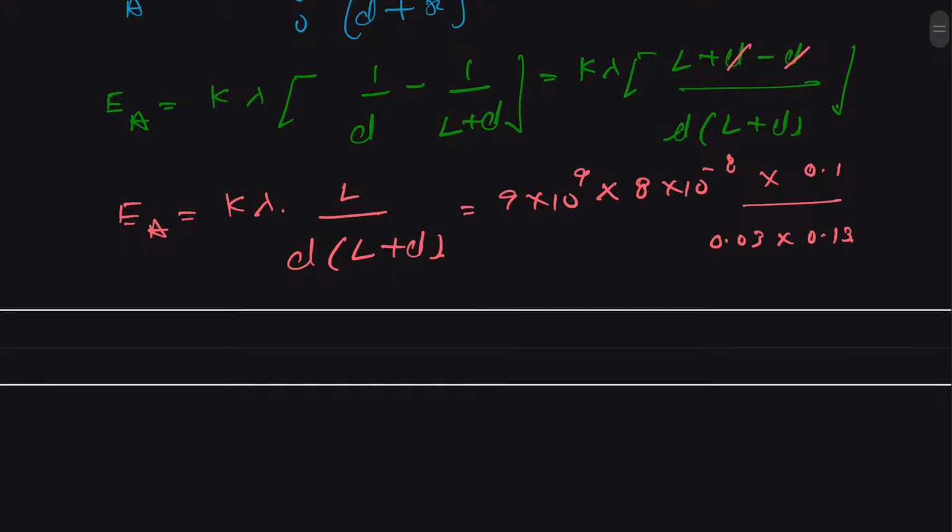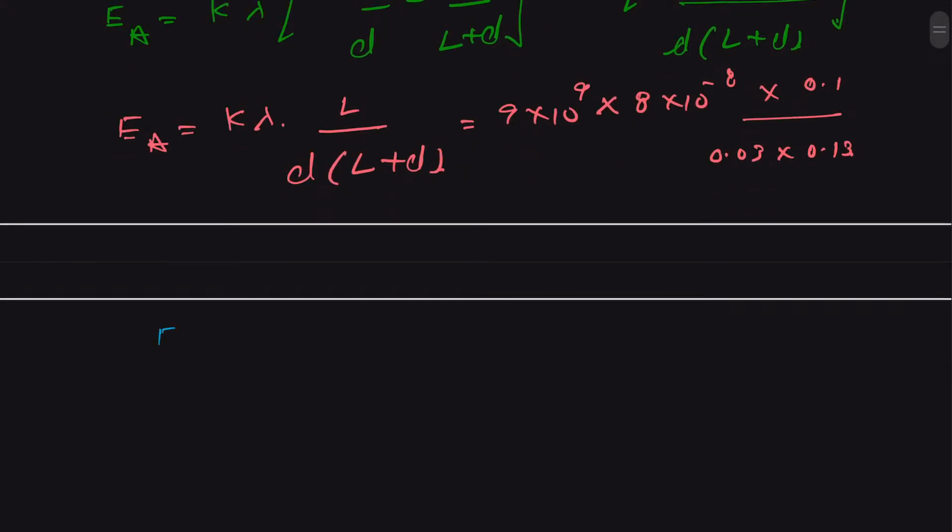So its solution gives that the electric field at A will be equal to 1.84 into 10 to the power minus 2. This will be our value of electric field at point A.